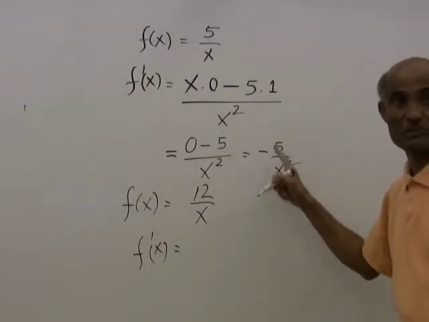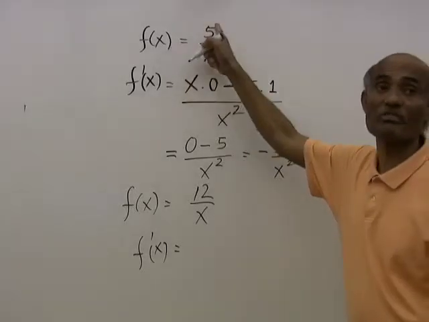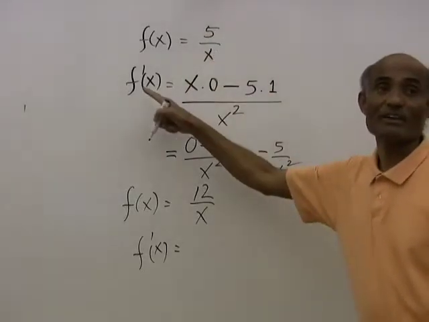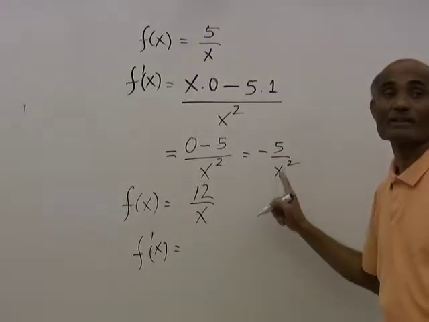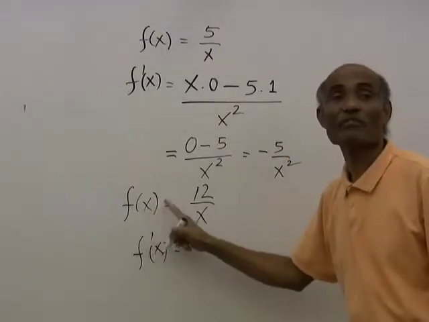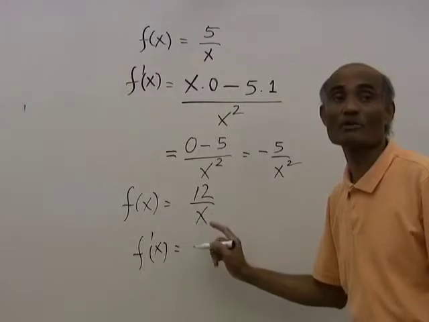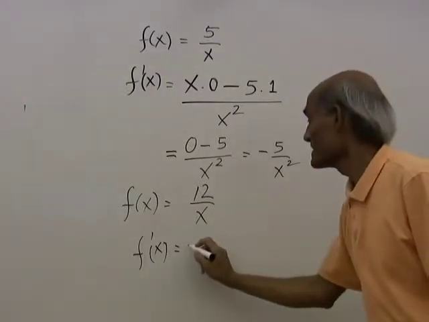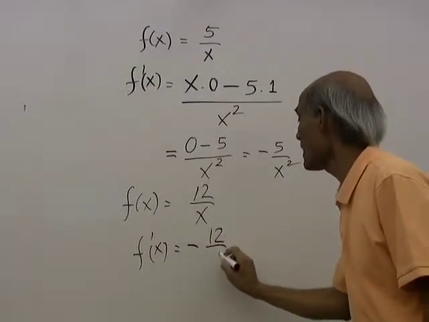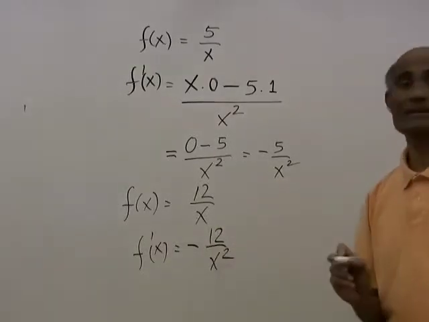Use the same concept. If f of x equal to 5 over x, f prime of x equal to negative 5 over x squared. Similarly, if f of x equal to 12 over x, f prime of x will be negative 12 over x squared.